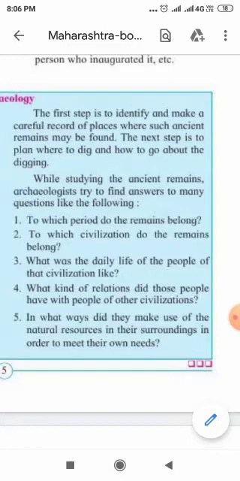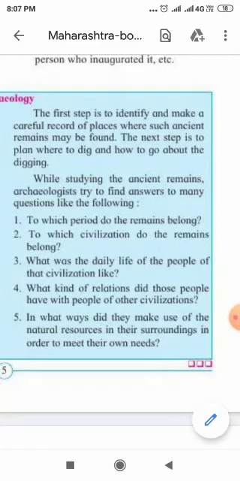The first step is to identify and make a careful record of places where such ancient remains may be found. The next step is to plan where to dig and how to go about the digging. Everything which is underground doesn't belong to a specific historical event.